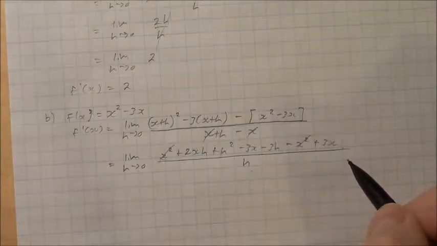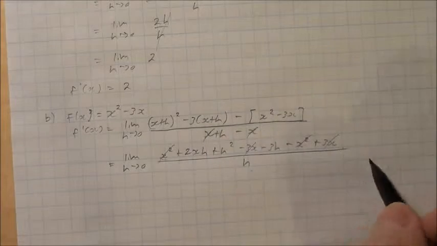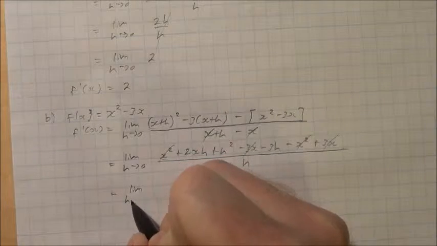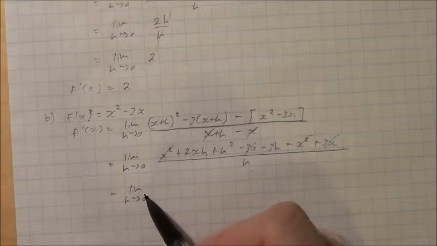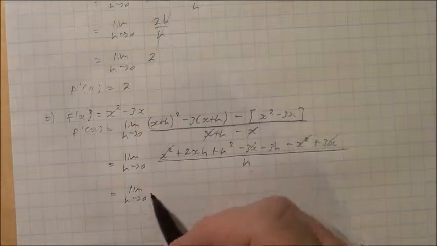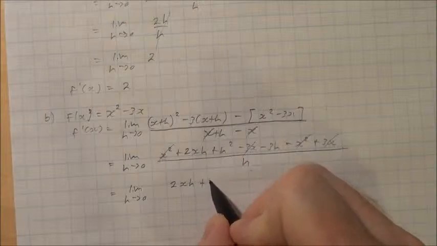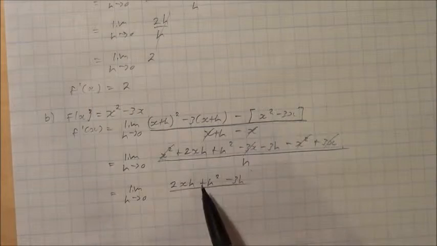X squared minus x squared, negative 3x plus 3x, and that looks to be about it for now. And then we haven't used that h equals 0 yet, so we'll just keep that there in limit notation. So leave the 2xh plus h squared minus 3h all over h.